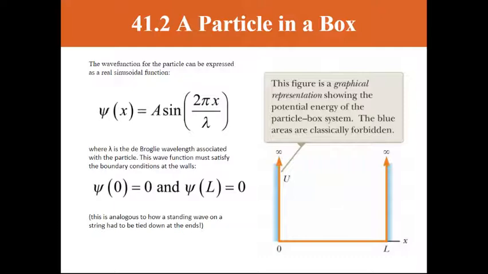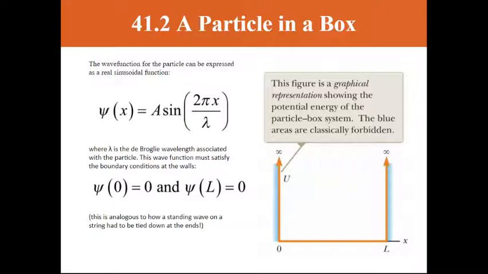So let's look at a quantum mechanics perspective of what a particle in a box is. The particle in this box has a wave function, and the consideration is that for the purposes of this wave function, the wave representation of the particle only exists inside the box.